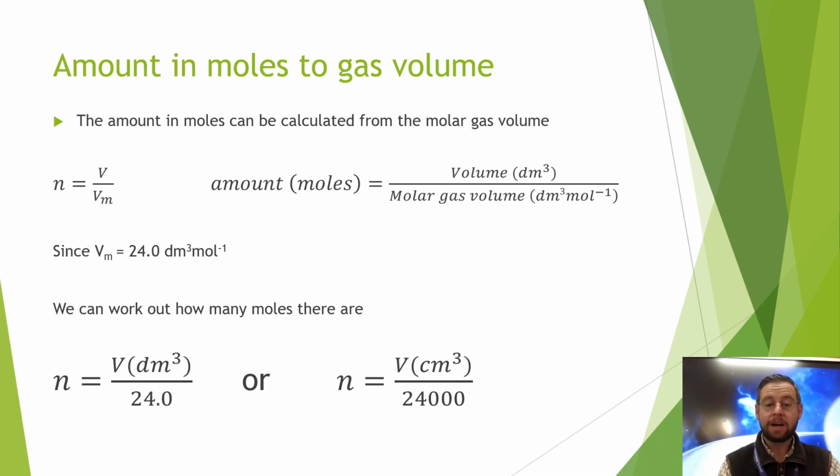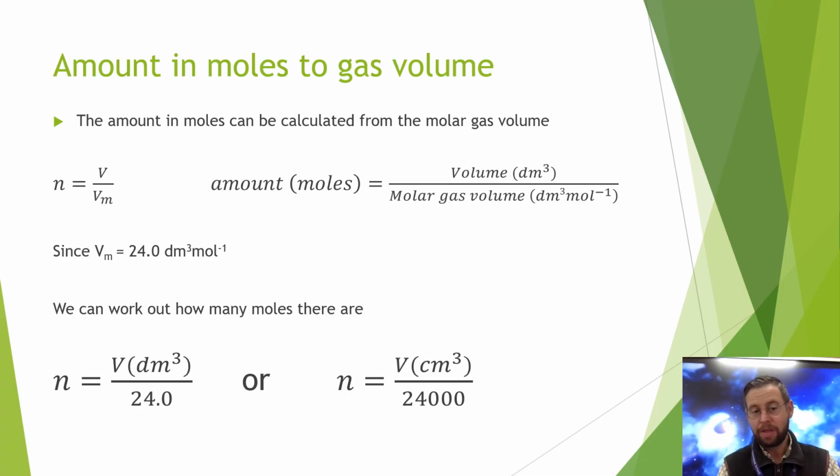This works both in decimeters cubed, with the number of moles equaling the volume divided by 24, or alternatively in centimeters cubed, where the volume is divided by 24,000. You can always work out how many moles you have of this gas by comparing it to that molar gas volume and seeing what fraction of that molar gas volume you're working with, because that is what fraction of a mole you now have.